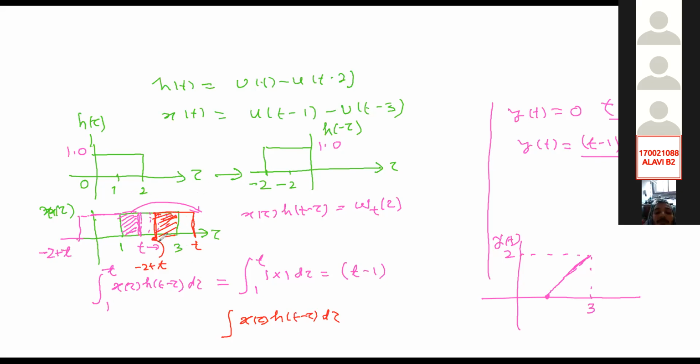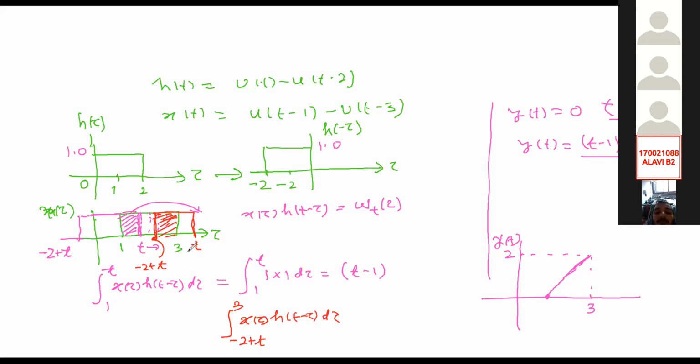What is the spread of your overlap region? It starts at minus 2 plus t, and it ends at 3, isn't it? Because if you are going past 3, for example, your pulse is moving in this way.